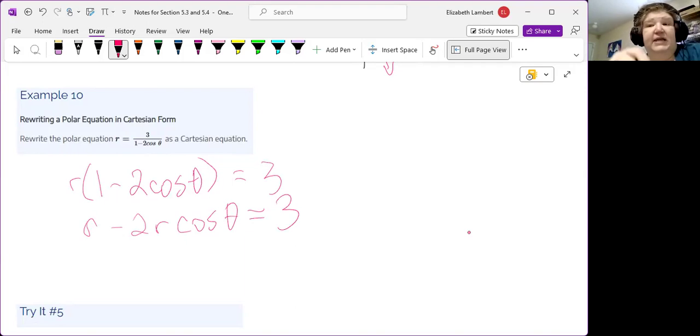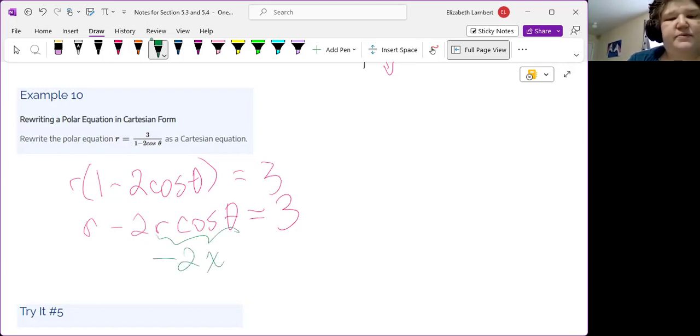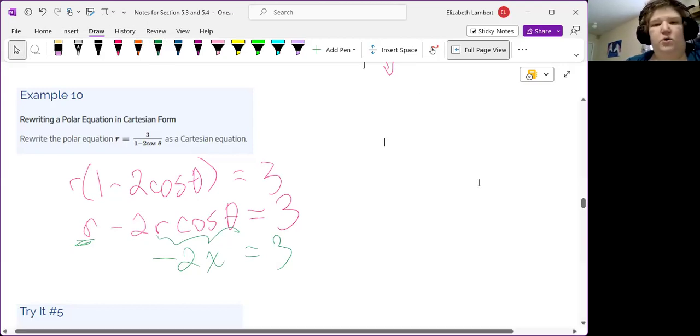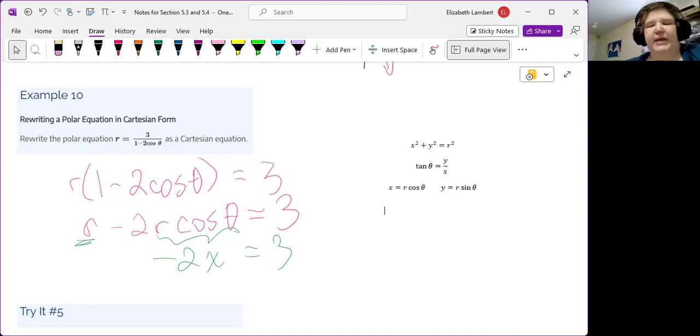Now r cosine theta, at least, that's x. So I can make that substitution. But r here is a little more problematic. So r, we don't like to do this, but we can do it.